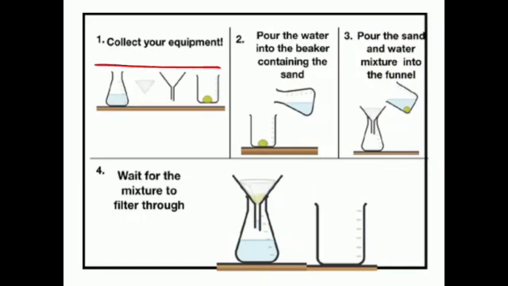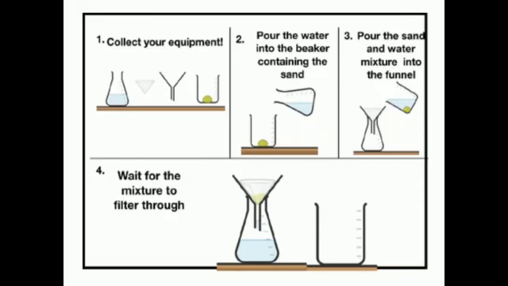First of all, we will collect our equipment: a flask with water, a filter paper, the funnel, and the jar. It has sand in it. Number 2 step is we will pour water into the beaker to make our mixture. Now our mixture of water and sand is ready. Then we will filter it.